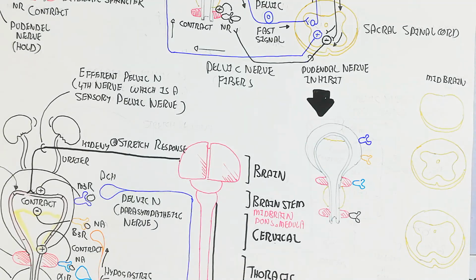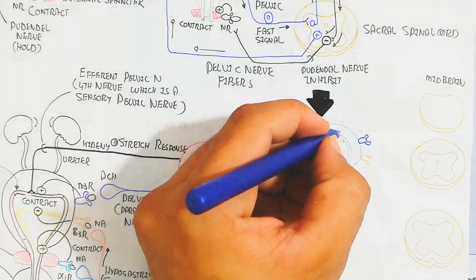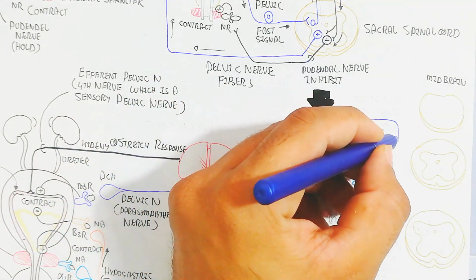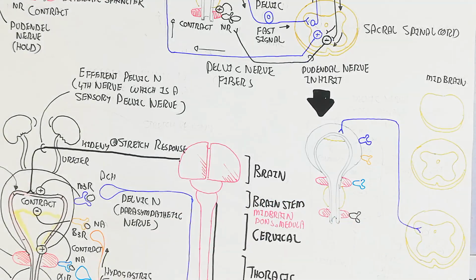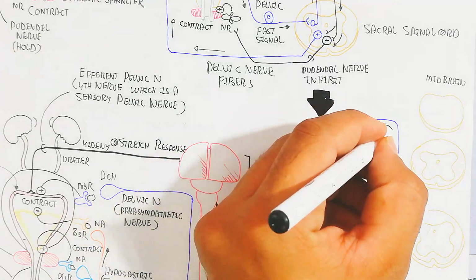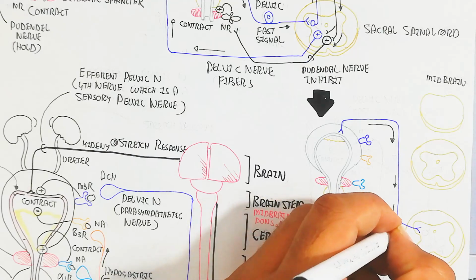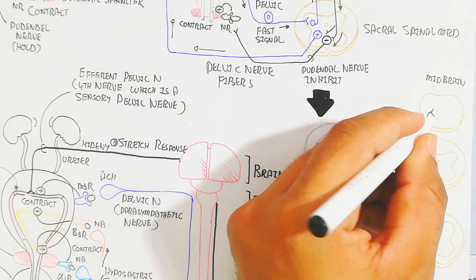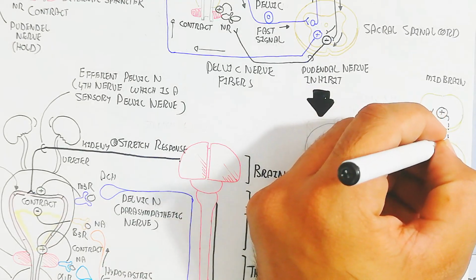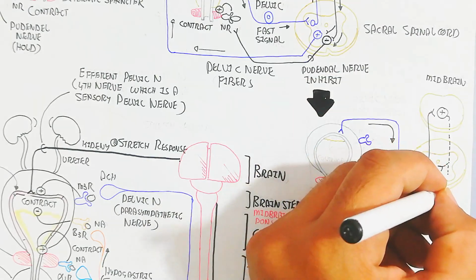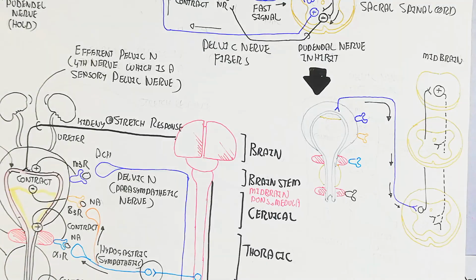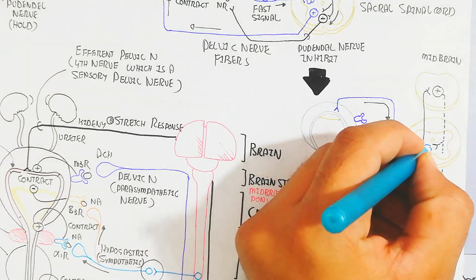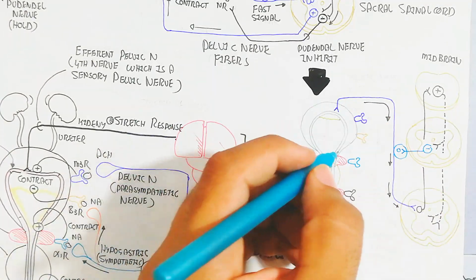Anyhow, when we pee out, how does voiding occur? The pelvic nerve sends a fast signal toward the sacral region of the spinal cord, moving up into the thoracic region and to the midbrain pontine micturition center, which gives the feedback toward the thoracic and sacral regions of the spinal cord.